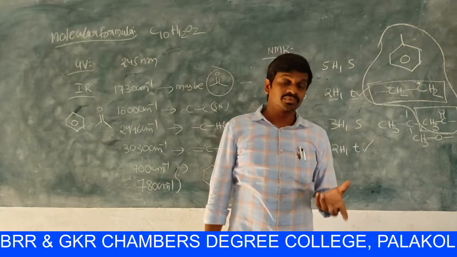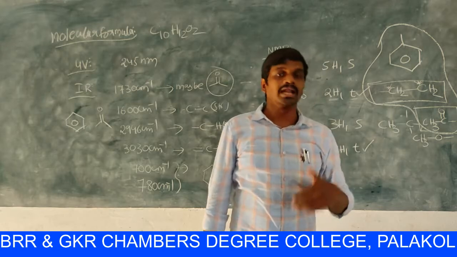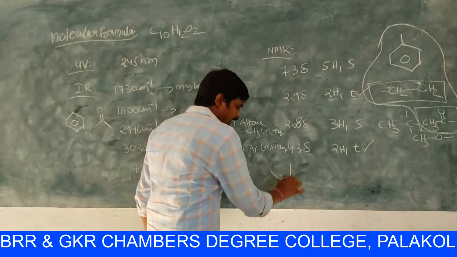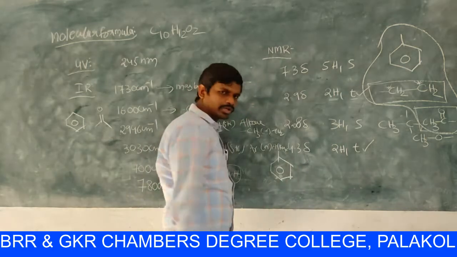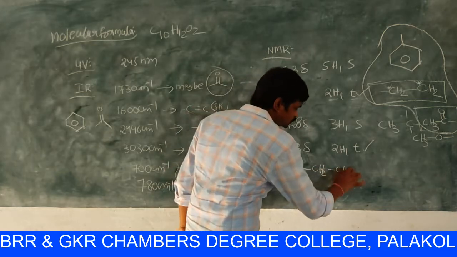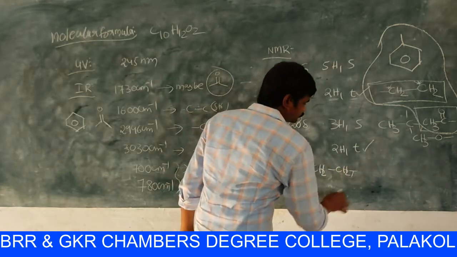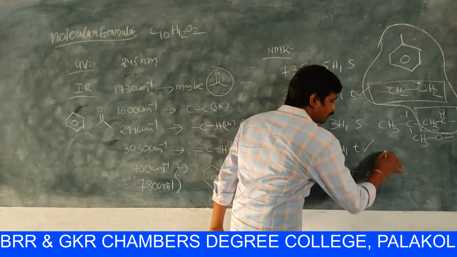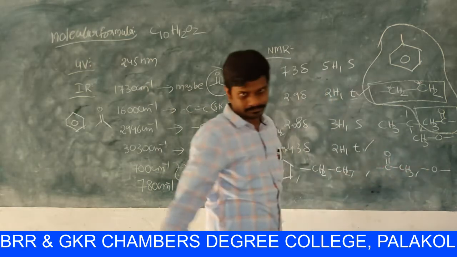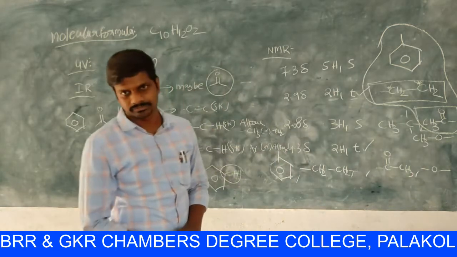That means the organic molecule has another oxygen atom. So finally you can write the moieties present in the organic molecule: 1 benzene ring, CH2 CH2, C double bond O CH3, and 1 oxygen atom. So these are the units.